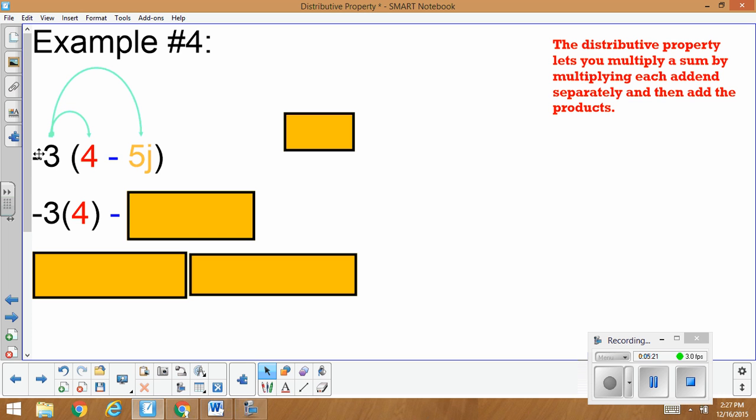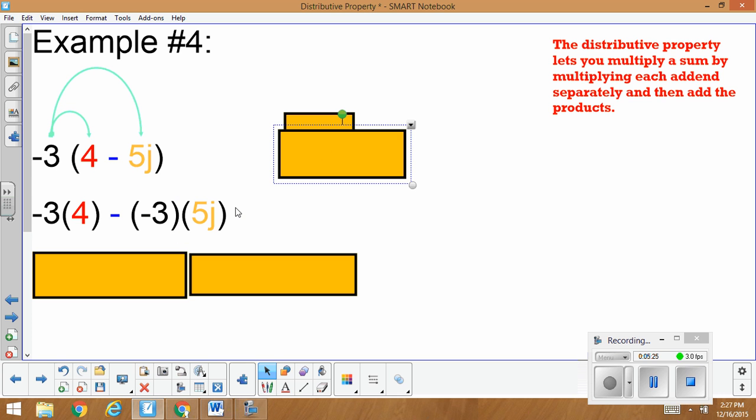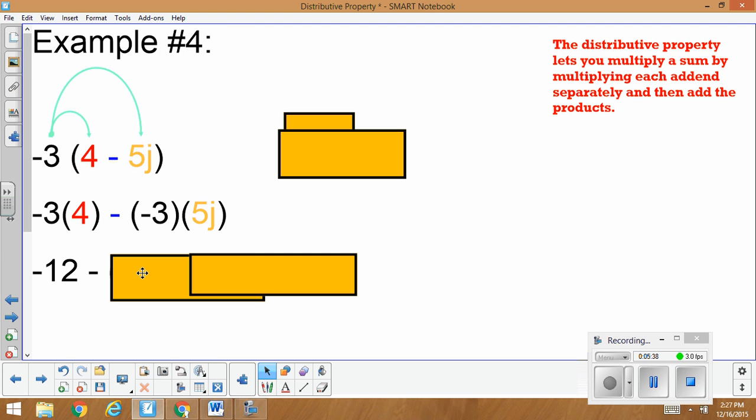And I'm going to take -3 and times it to 5j. All right, I just put parentheses around both because I'm trying to keep this -3 away from this minus sign. Okay, so -3 times 4, I'm now just going to simplify. That gives me -12. I bring the minus sign down. -3 times 5 is -15, and then bring the j down.